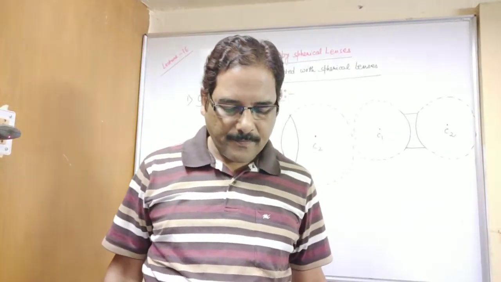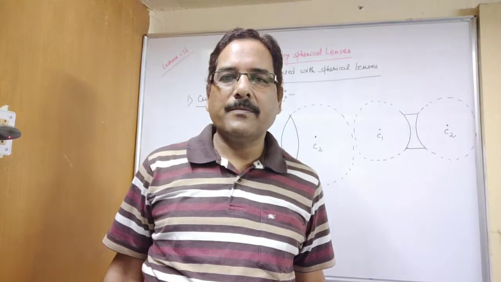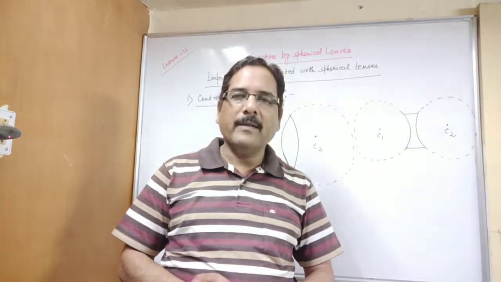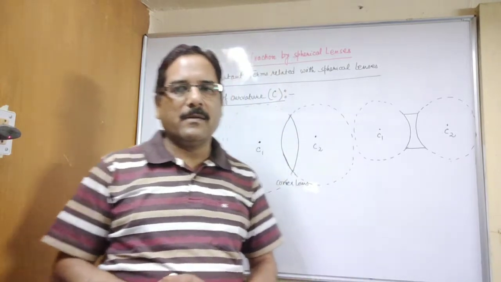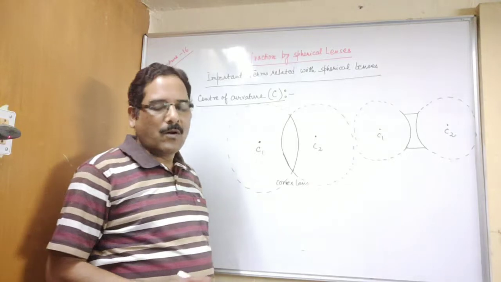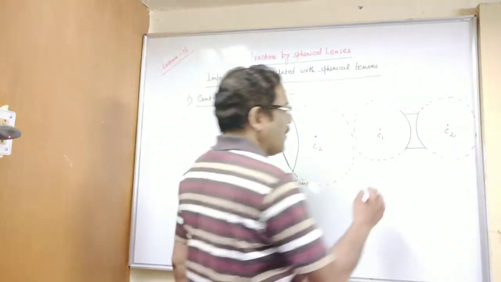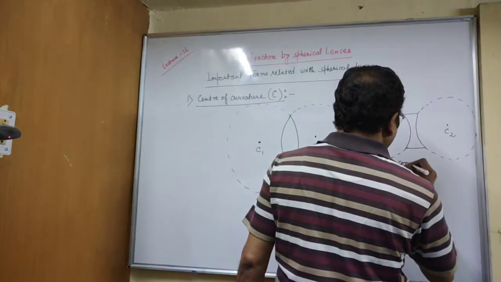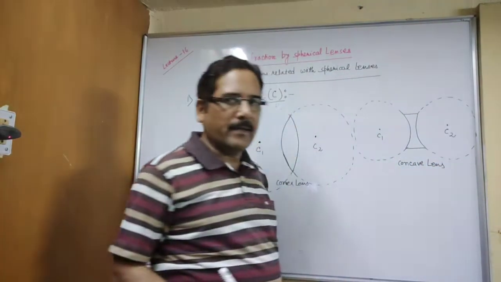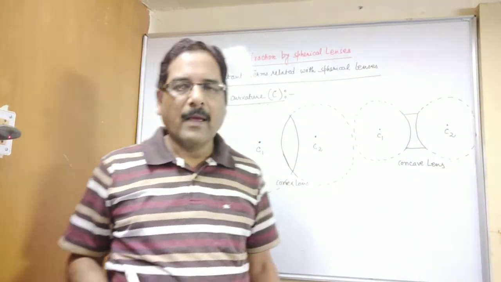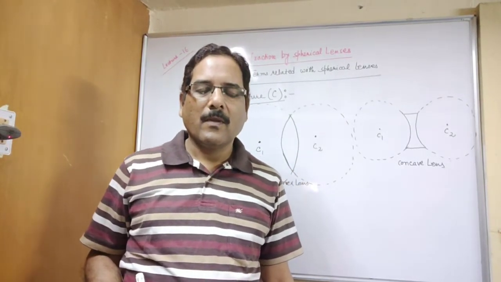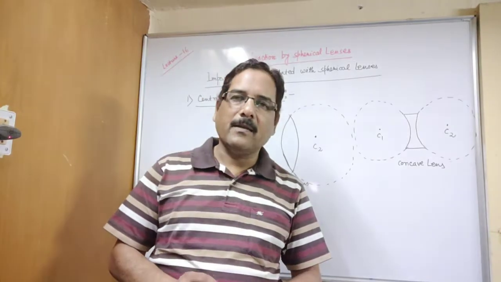Write: a lens, either a convex lens or a concave lens, has two spherical surfaces.